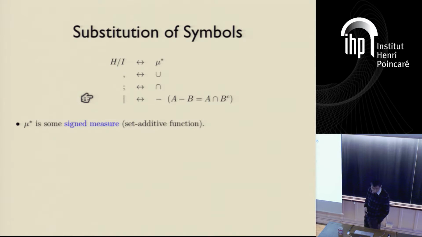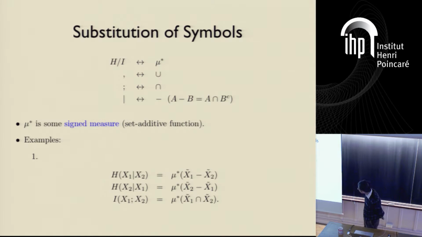Examples. The first one, entropy of x1 given x2 is equal to mu star of x1 tilde minus x2 tilde. Here it is an equivalence, it is not just a correspondence. I'm going to explain to you what it means. Mu star is a set additive function that can be constructed, and x1 tilde is a set variable corresponding to the random variable x1.